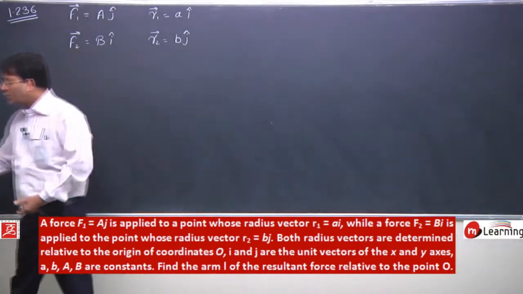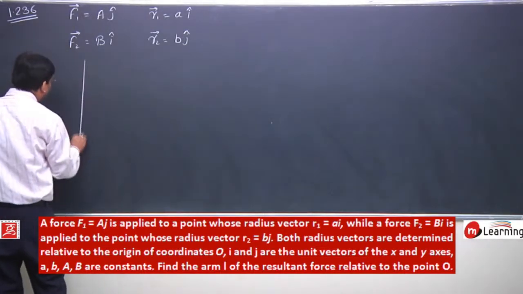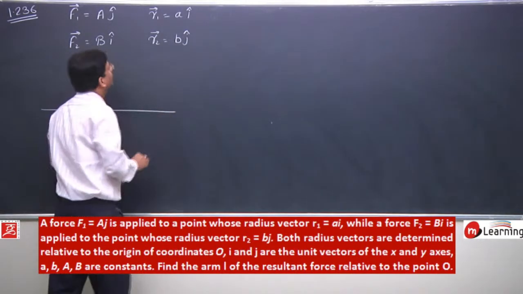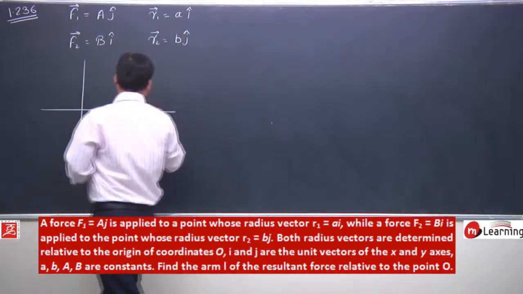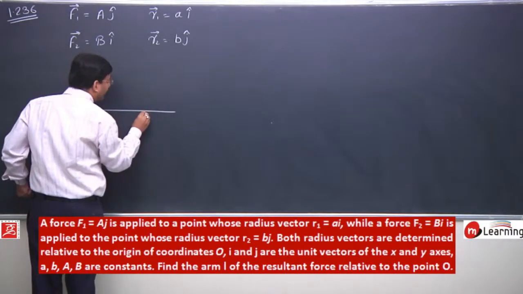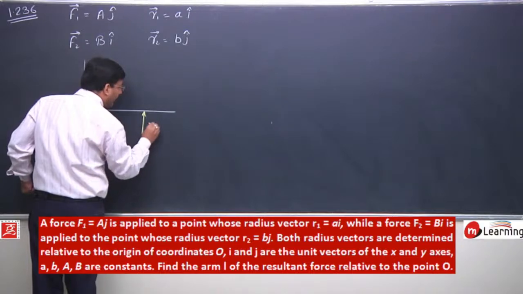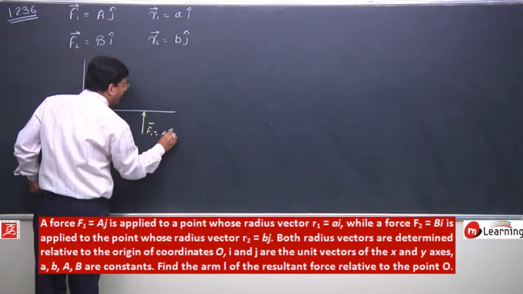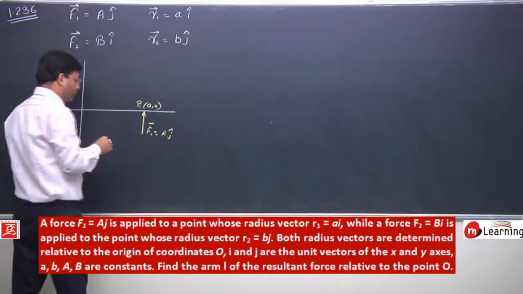Now, once again, let's try to understand how these forces are applied. Force F1 is applied like this. It's at R1, I cap. This is A comma 0, and force F1 is AJ. This force F1 is equal to AJ, and it's applied at this point P1, which is at A comma 0.